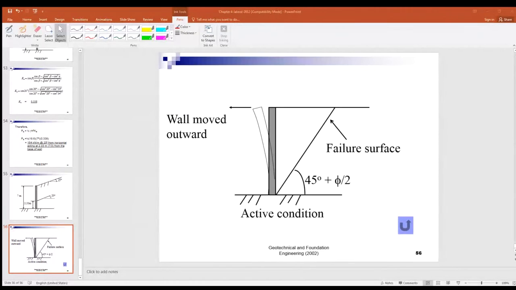Despite that it's not much, it's acting at a very great height. Now that will give you a very great moment, because the moment is equal to force times the distance. Even though the force is not that much, the height is very important. You imagine a tall building, a deep basement, that will constitute a very great moment.